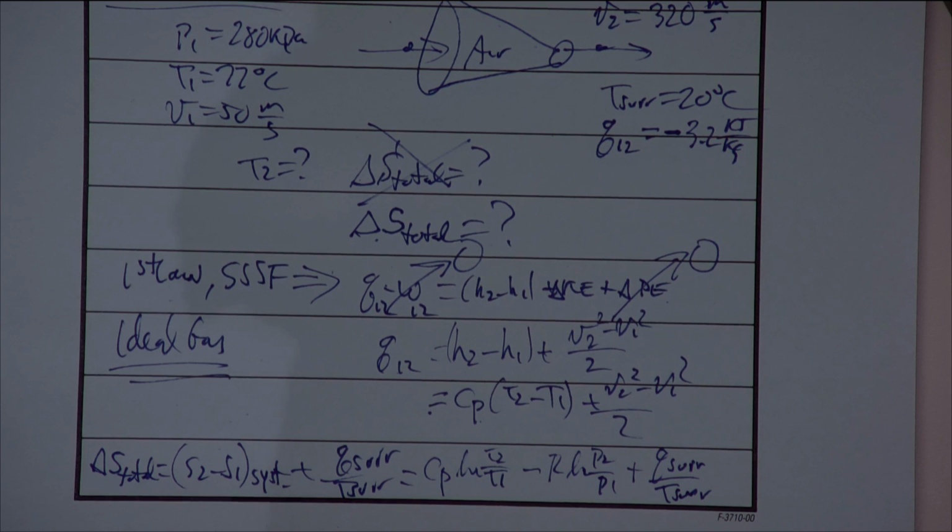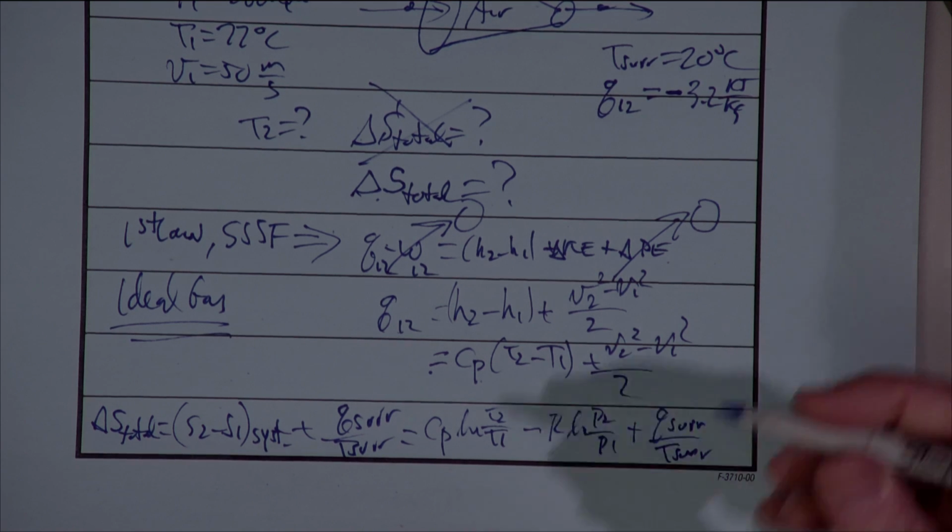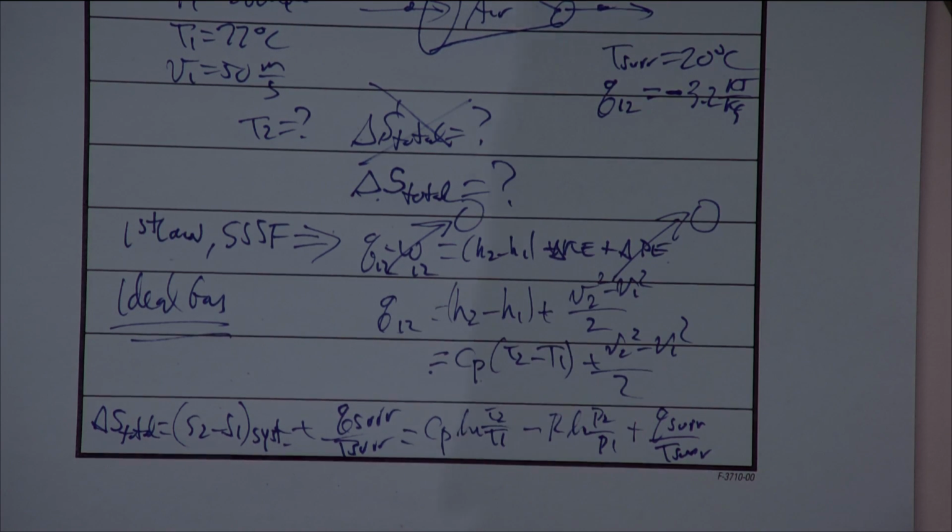Really, the only thing left for us to do is find the value of Cp and plug away into the equations. So we'll do that next. Now, again, I have a little bit of a problem, right? I know the inlet temperature is 77, but I have no idea what the exit temperature is going to be. I suspect that the exit temperature is going to be less than the inlet temperature. We're basically converting internal energy into kinetic energy.